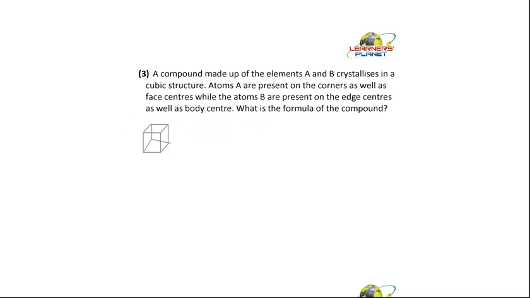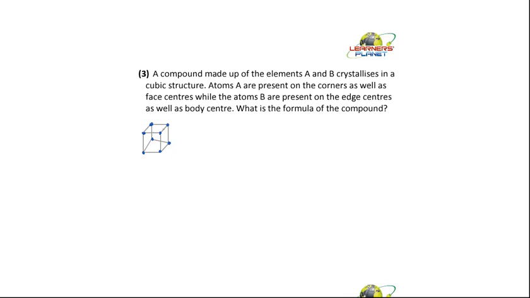So, let's see this. I can just draw the edge center over here. What will be the edge center? This, right? Let's first write down the atoms of A. So these are present on the corners, and each corner is shared by 8 other cubes or unit cells.